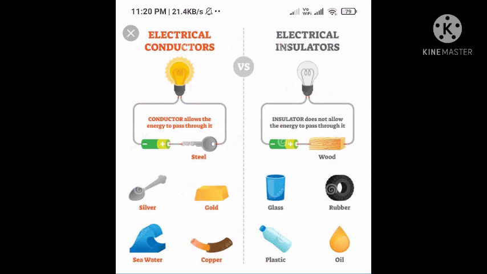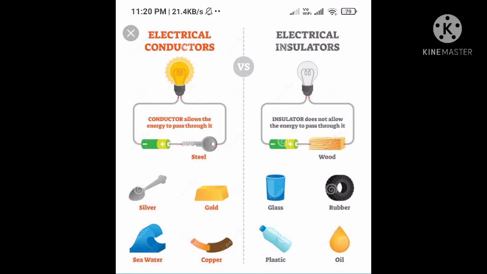So here in this figure you can see in the diagram that steel is connected here, and when this key which is made up of steel is connected, you can observe that the bulb is glowing. And in the second figure you can see that wood is connected here, and the bulb is not glowing, right? So it means that wood is not passing the electricity through the circuit, that is why the bulb is not glowing.